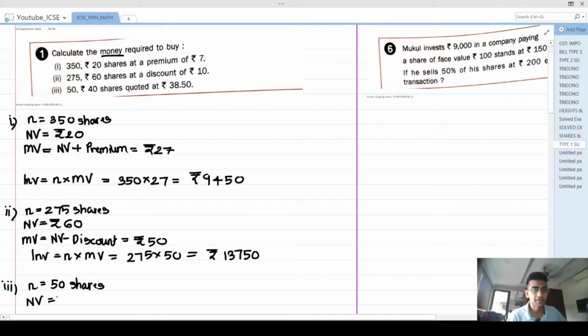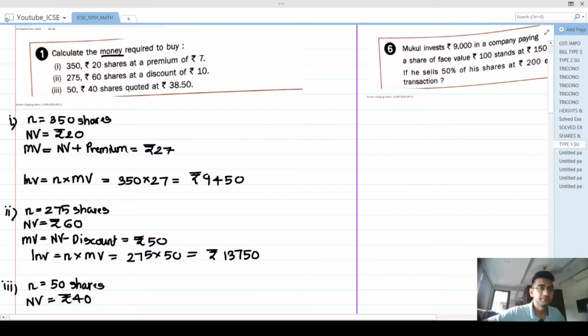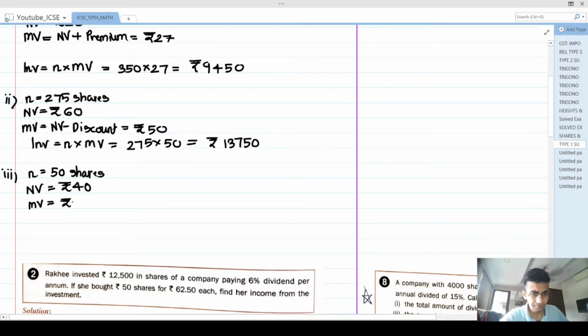Last subpart. N is 50 shares. The face value of the shares is 40 and quoted at 38.50. What do you mean by quoted at 38.50? Quoted at 38.50 means the MV or marked value is 38.50.